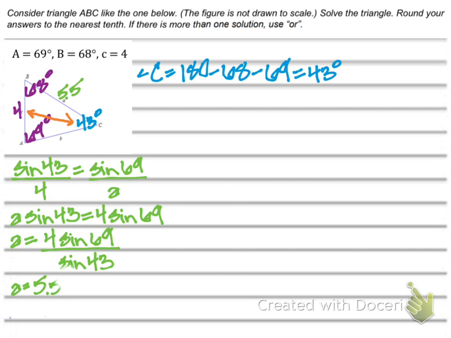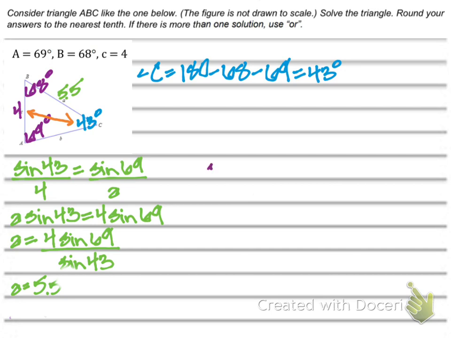And then looking at now we need to find side B. It's always best to go ahead and use that same base ratio that we started with, because that was given information, right? So we also don't worry about a rounding error or something.